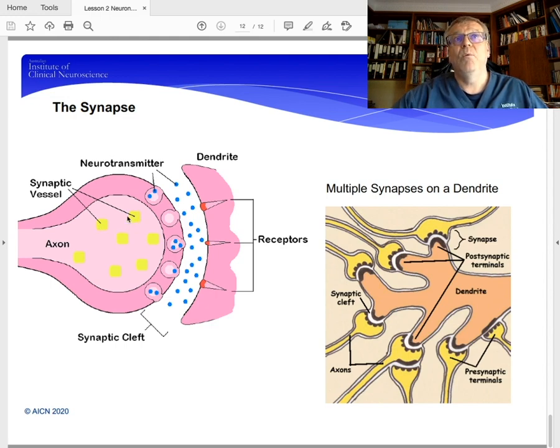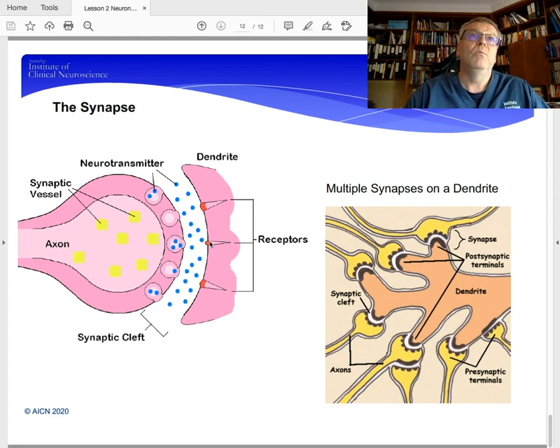When the right stimulus happens inside the axon terminal, these vesicles will bind to the membrane and release their contents into this small space called the synaptic cleft. The contents are usually neurotransmitters, which are these blue dots, and they then diffuse across and interact with the receptors that are designed to bind them.